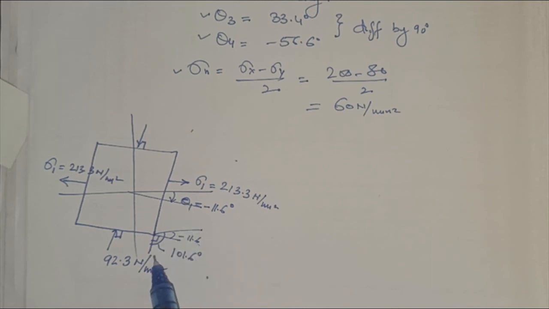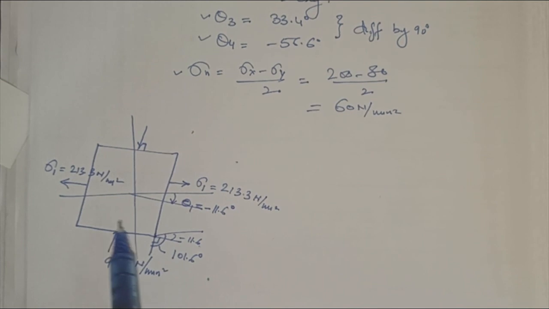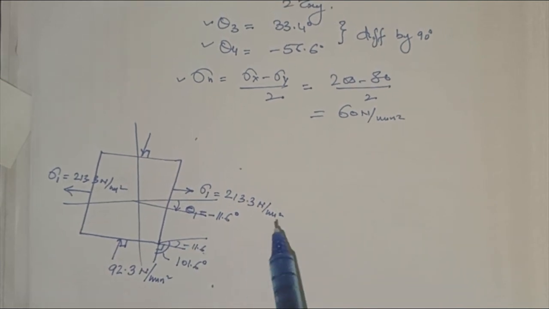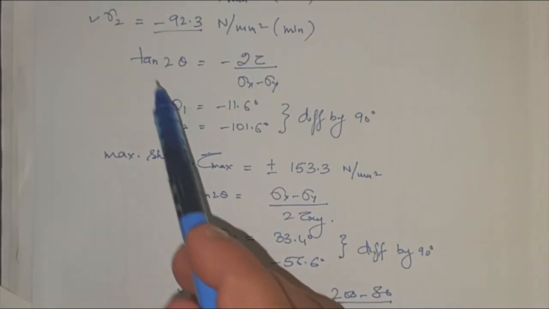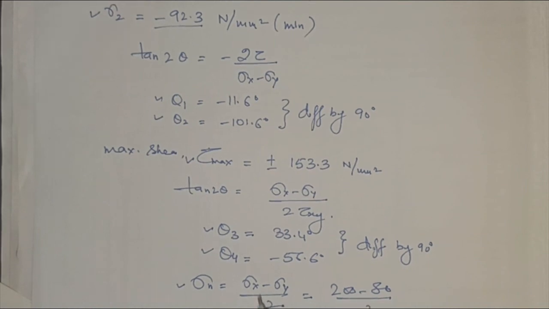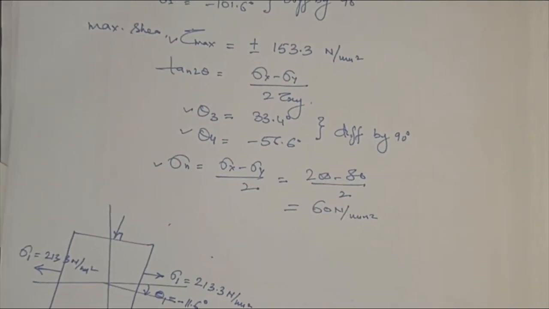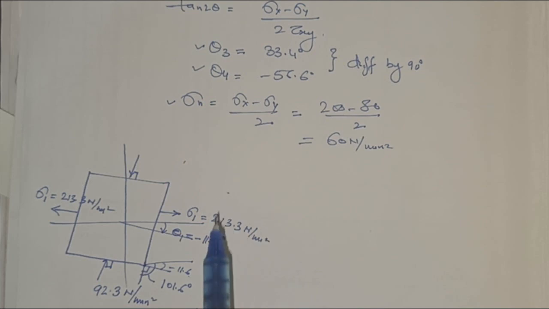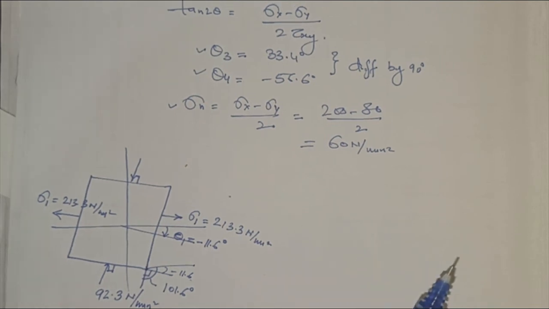These values help us achieve this particular configuration. So it's not important to say that theta 1 is directly associated with sigma 1 or theta 2 with sigma 2. You just have to say that sigma 1 is oriented at minus 11.6 degrees, downwards from the reference plane. In this way it can be said.